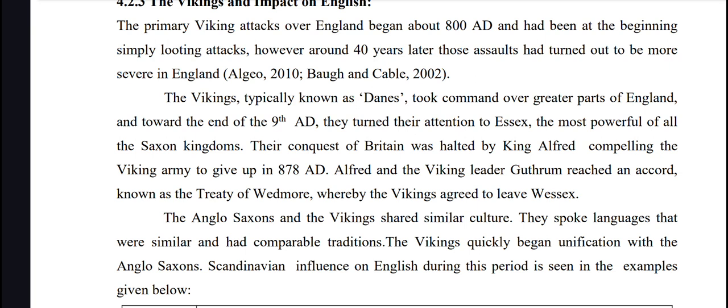The Vikings quickly began unification with the Anglo-Saxons. Scandinavian influence on English during this period is seen in the examples given below.